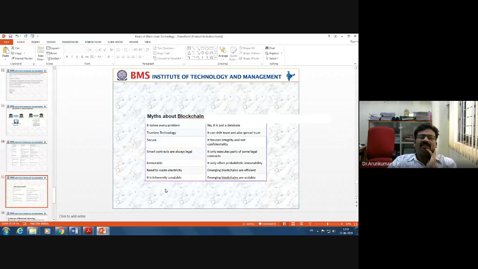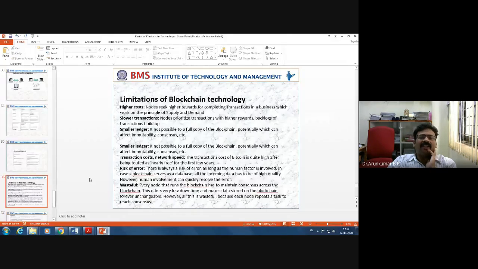Saying it solves every problem is a myth. Blockchain is also like a database. It can shift trust, and also spread trust. It focuses on integrity, right?